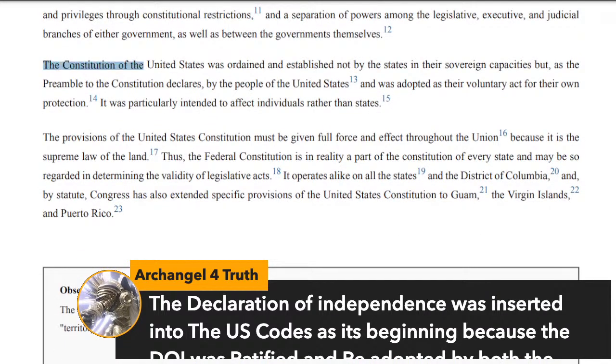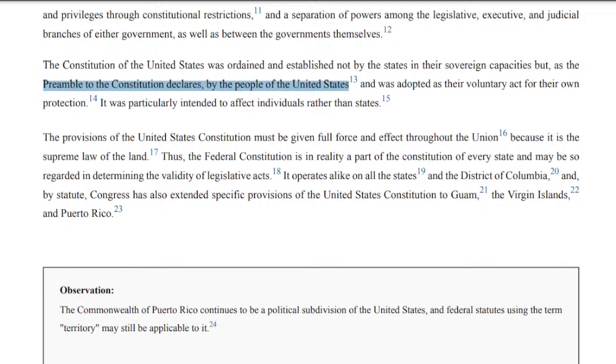The Constitution of the United States was ordained and established, not by the states in their sovereign capacities, but, as the preamble to the Constitution declares, by the people of the United States, and was adopted by their voluntary act for their own protection. It was particularly intended to affect individuals rather than states. Interesting, huh?